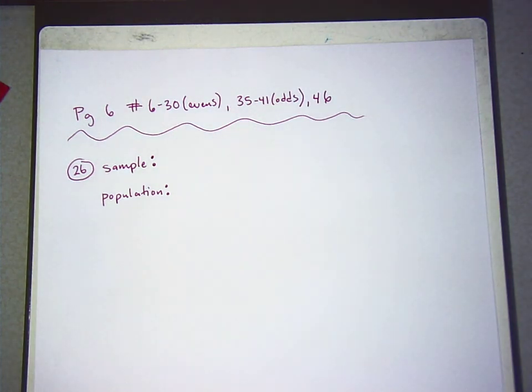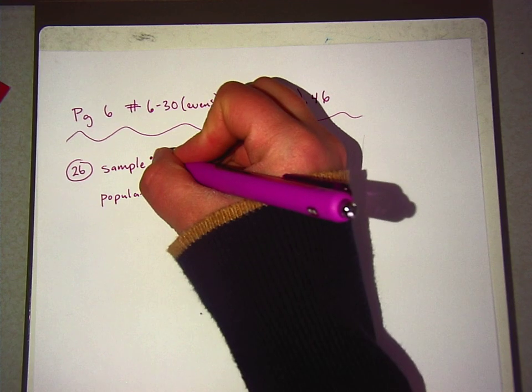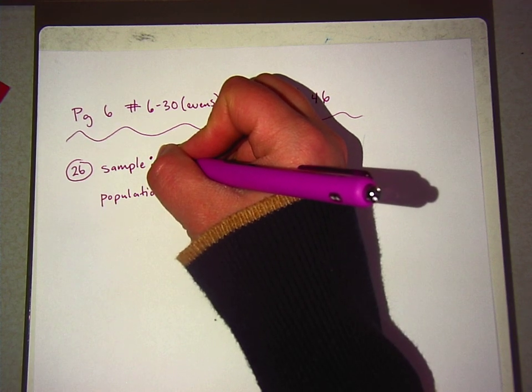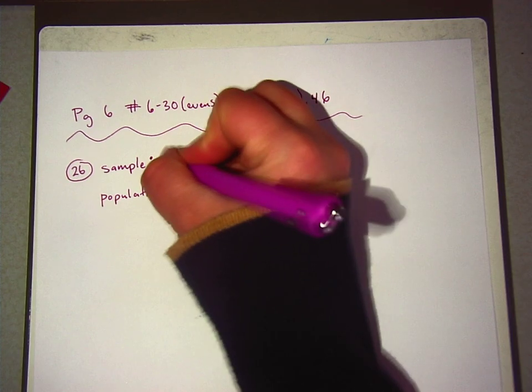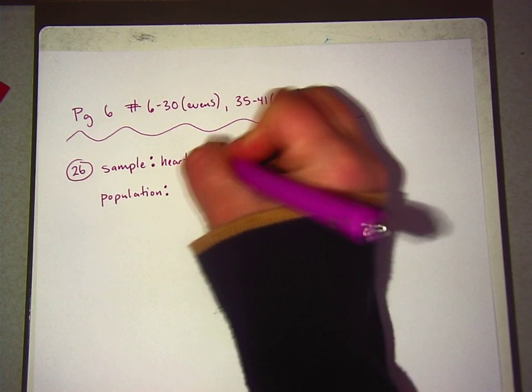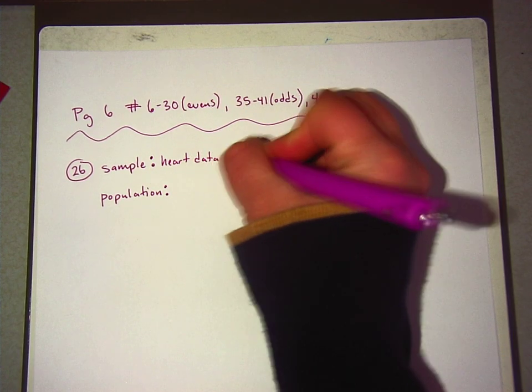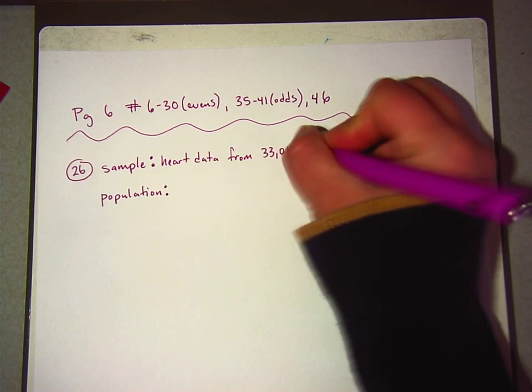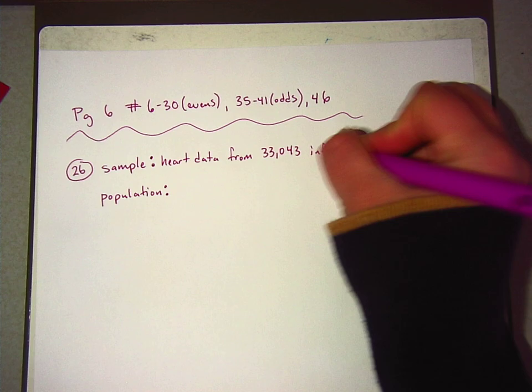So if they're looking at heart rhythm abnormalities and sudden infant death syndrome for infants, the sample would be heart data from the 33,043 infants in Italy.